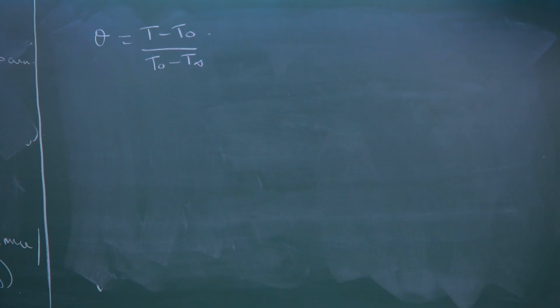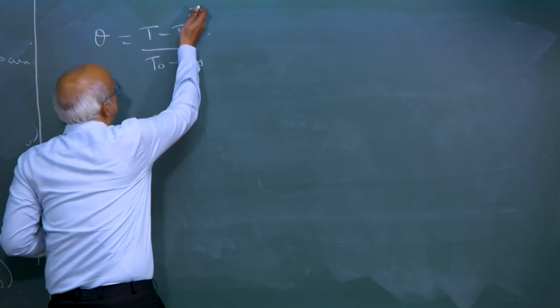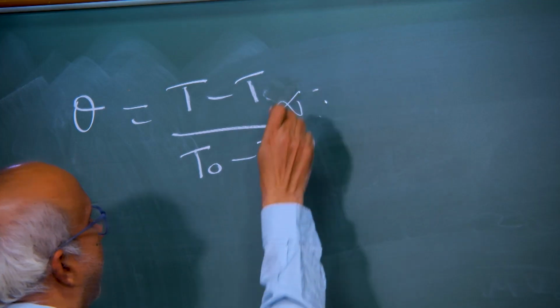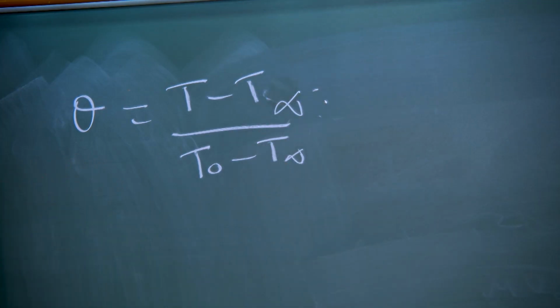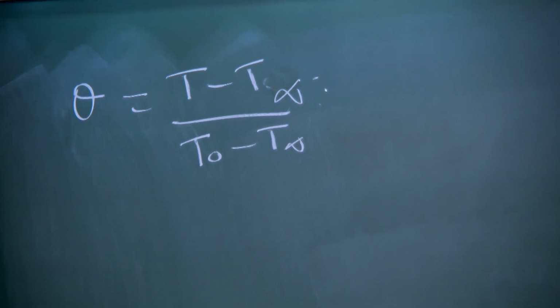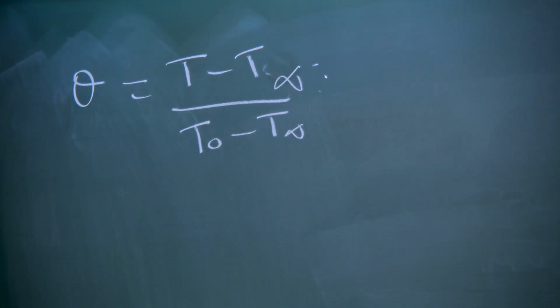I think I should make it T minus T infinity, no? Yes, T minus T infinity divided by this.